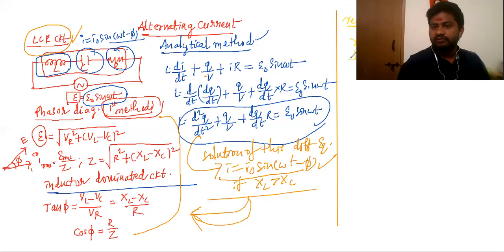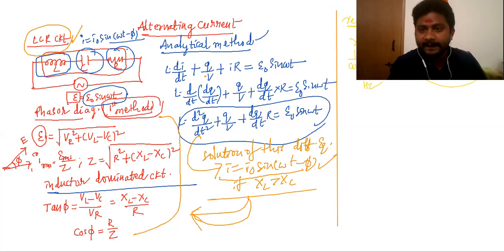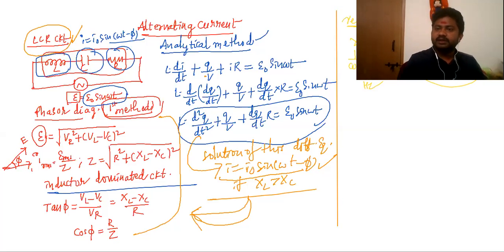So this will be 1 by omega C is equal to omega L. So what I've told you, resonance frequency is 1 by 2 pi root LC. Sometimes questions also will be asked like this. They give L value and C value, so resonance frequency you can easily find out in terms of hertz. Okay. Clear? So remember this resonance condition.